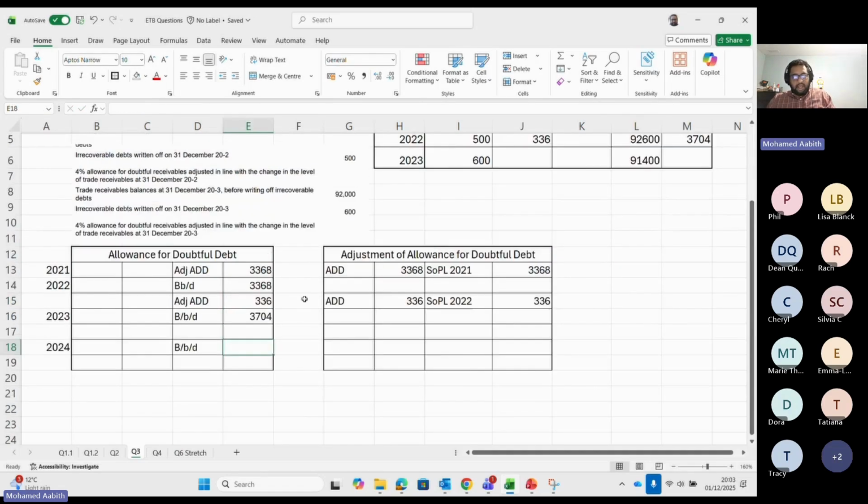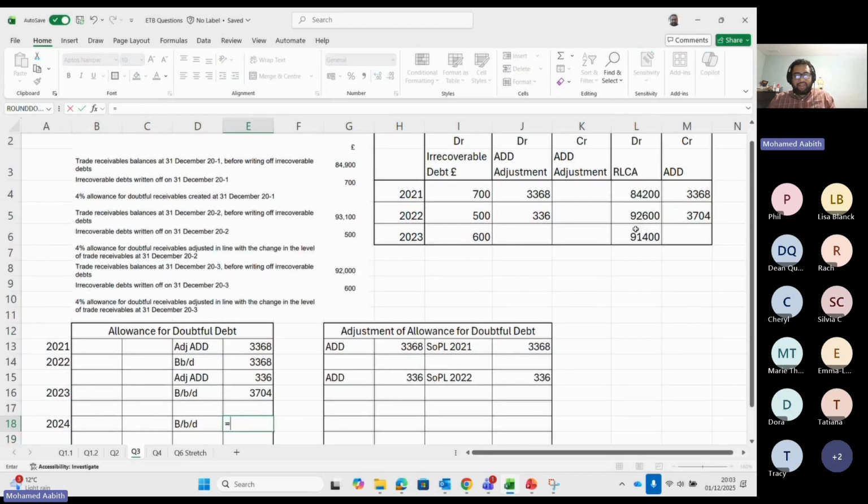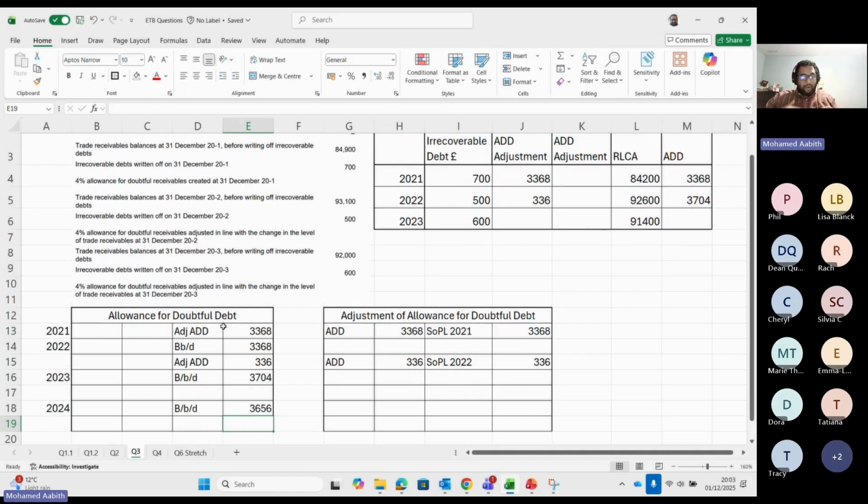So the number I expect to have in the third year is going to be 4% of 91,400 pounds. What do you think is going to happen to your allowance for doubtful debt? Is it going to come up or come down? You can simply say this. Can you see that number is higher than that number? Therefore, the allowance now has to come down. How much by? That is the question.